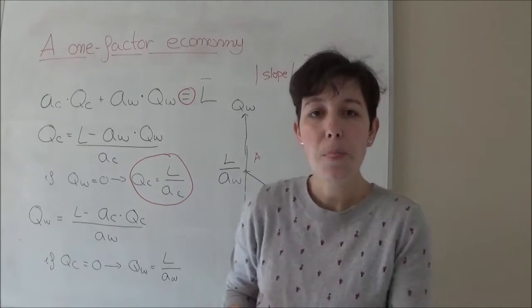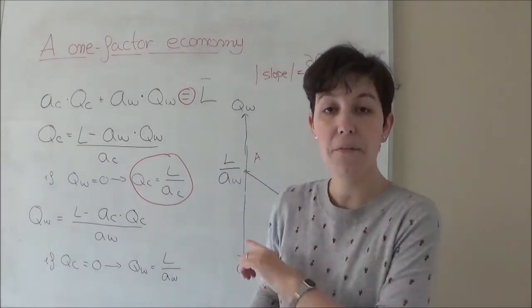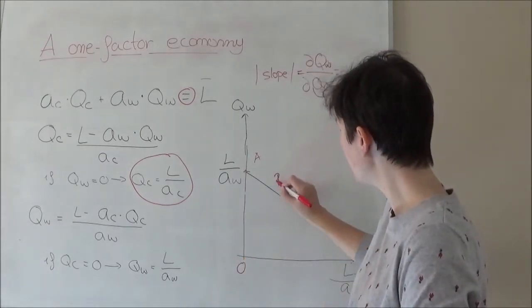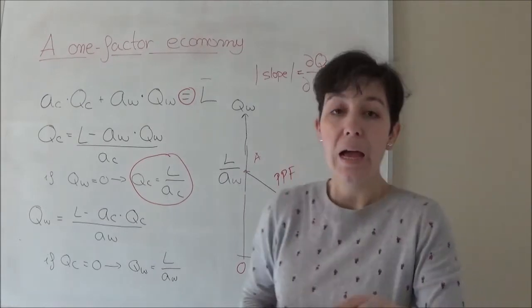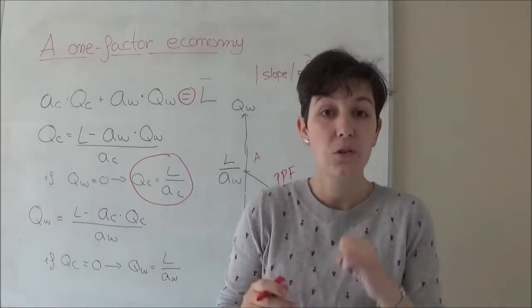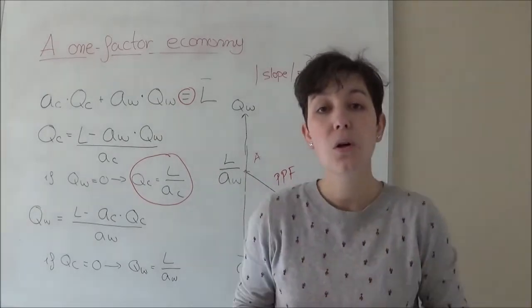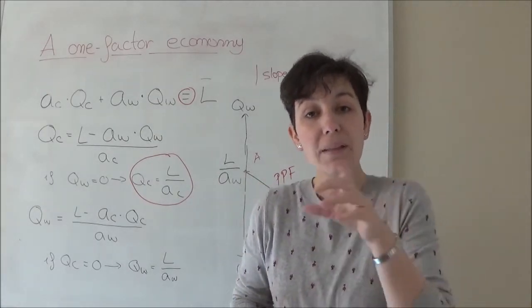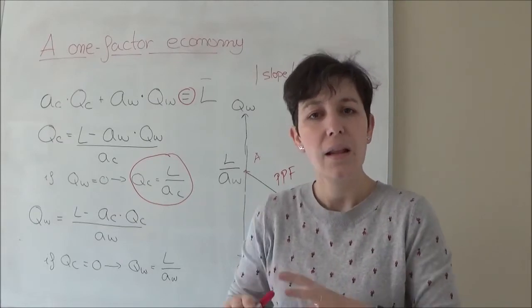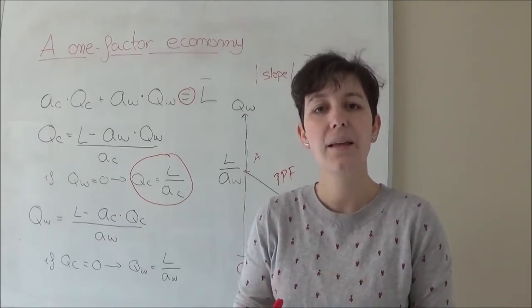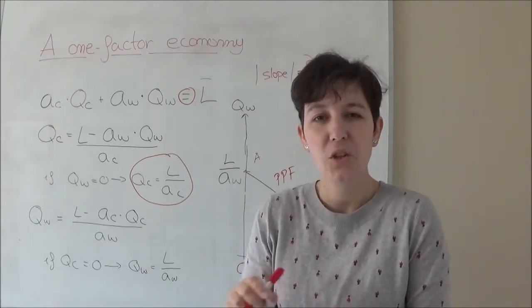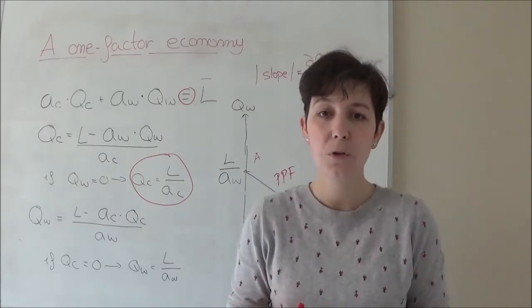Let's see now with letters the slope of this PPF curve. Okay, in the 2 ways, using 2 points as we saw previously, and also doing the derivative. But instead of using numbers, let's use the letters and see then what is the connection between these letters and the opportunity cost.